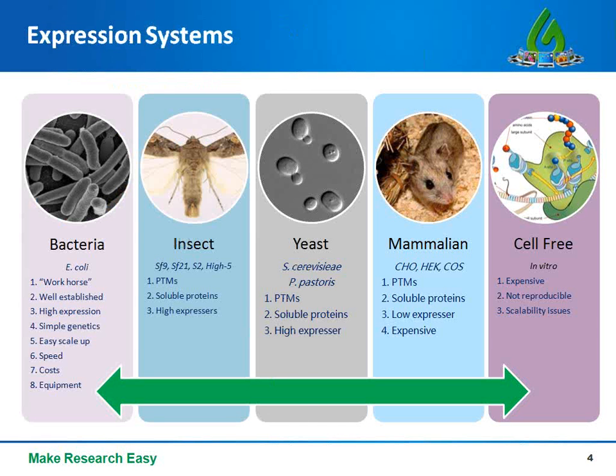A critical step in protein production is to choose the appropriate expression system. Let's first take a look at the available recombinant expression systems. Traditionally, recombinant proteins have been expressed in bacteria, insect, yeast, and mammalian systems.